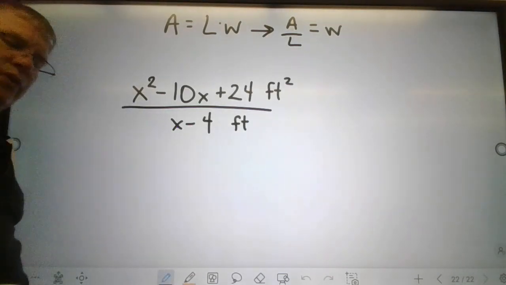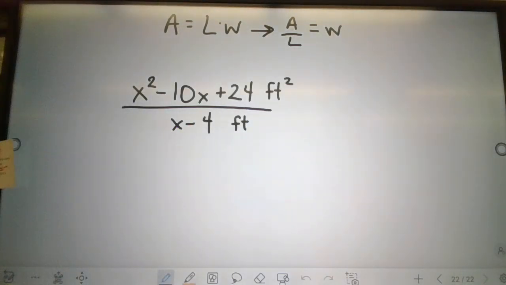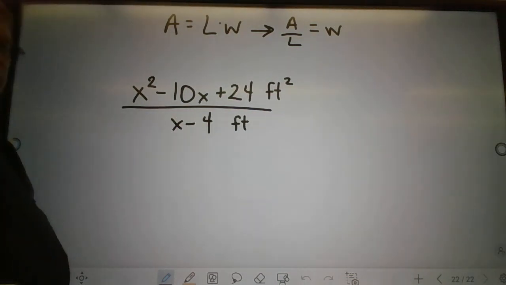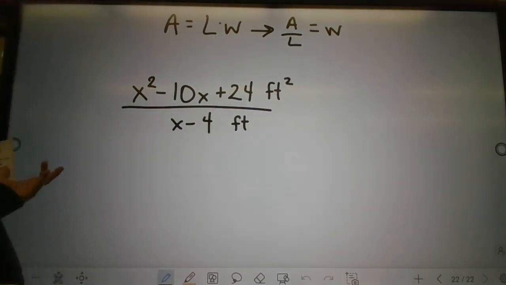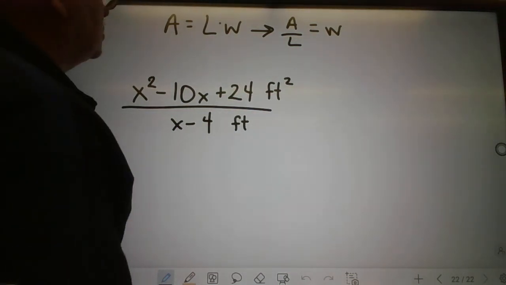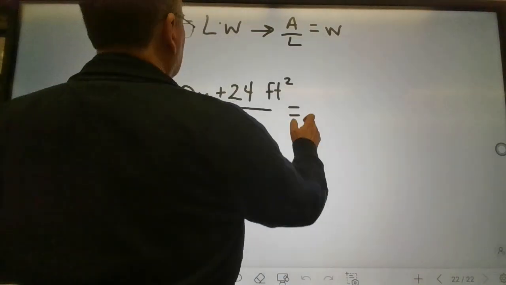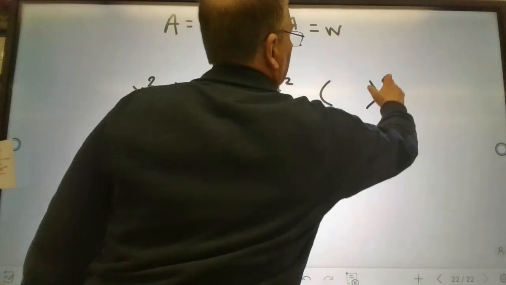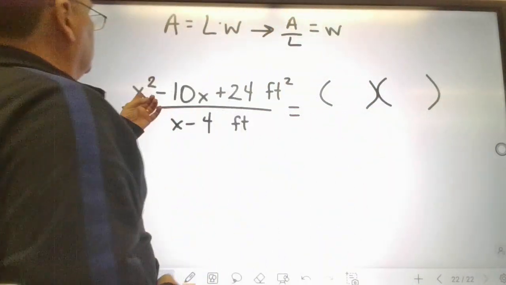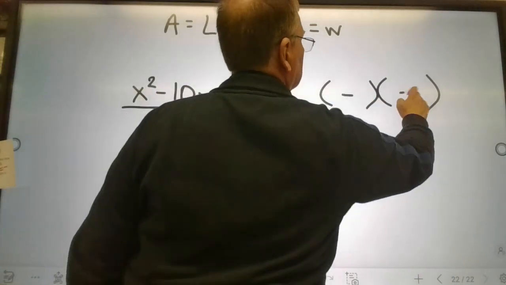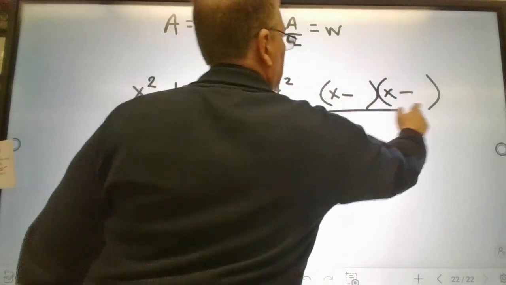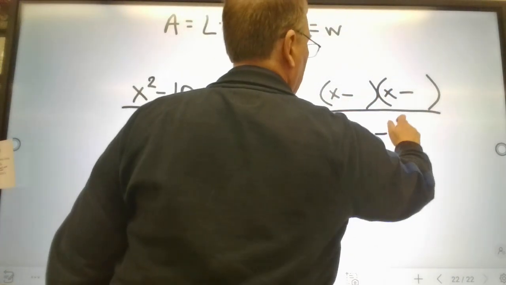You think we could reverse FOIL this, or do we got to do it long division? Oh, I hope we could do it. Well, we could do it long division and have fun, or we could do reverse FOIL and save ourselves a little bit of fun. Okay, minus plus, so it's a minus minus. X and x, denominator is an x minus 4.